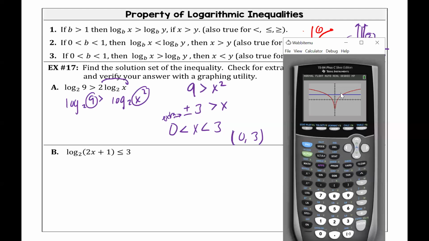How did I put this in? Oh, sorry. I should have graphed it as 2 log base 9. I meant 2 log base 2 of x instead of x squared. That's what I have in my notes. I hate when I do that.